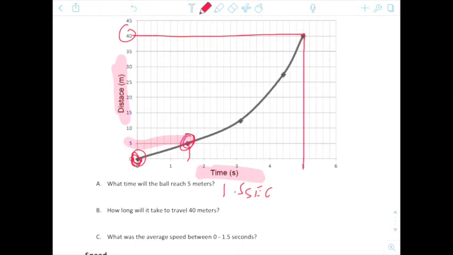And so the average velocity is just the slope of this line. So it's y over x, so it would be 5 over 1.5. And when we get that, 5 divided by 1.5, 3.33 repeating meters per second.